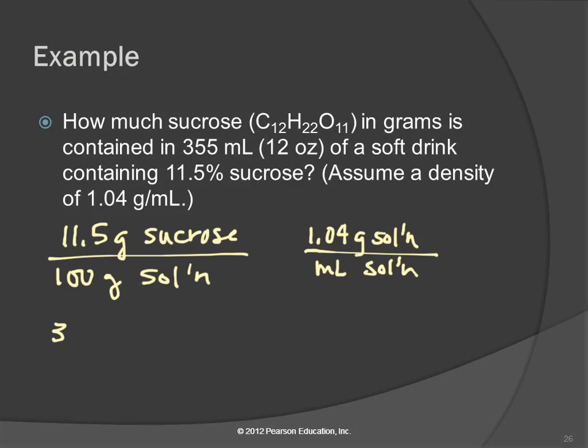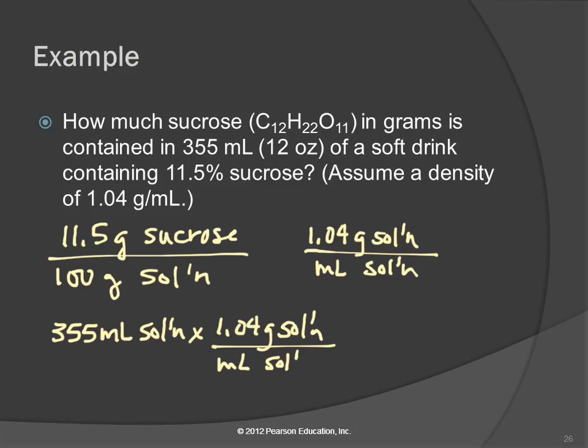So we're going to take this 355 milliliters of solution, the soda, and we're first going to convert to grams. So milliliters cancel out. And then we're going to use that mass percent, 11.5 grams of sucrose per 100 grams of solution.